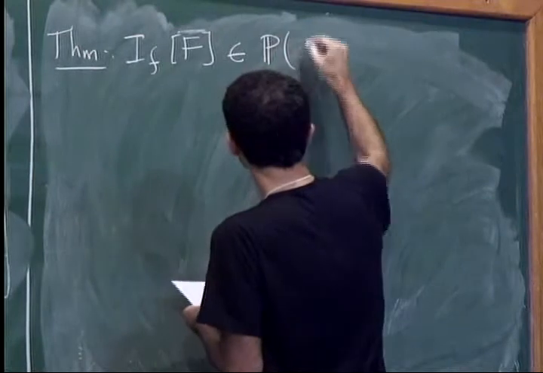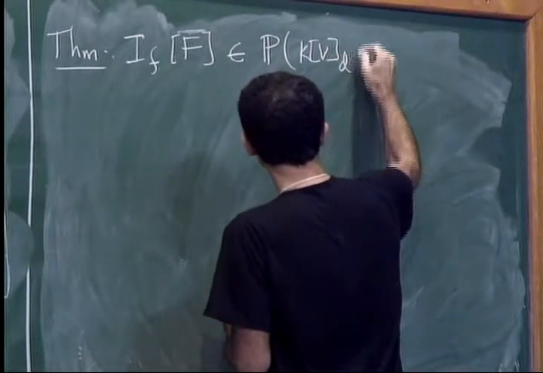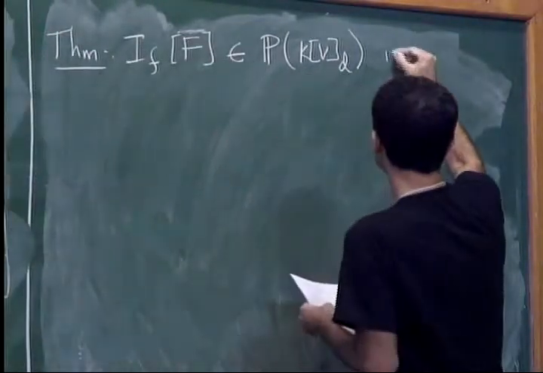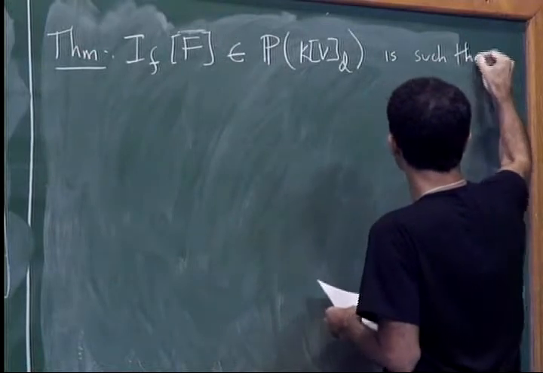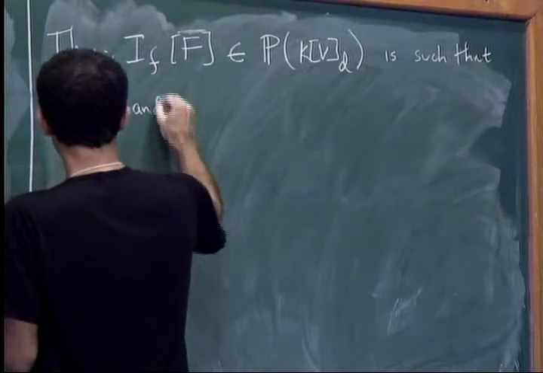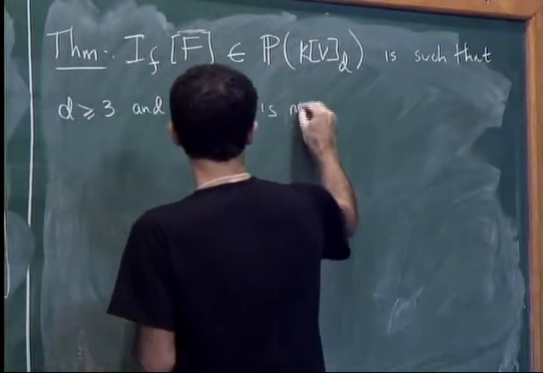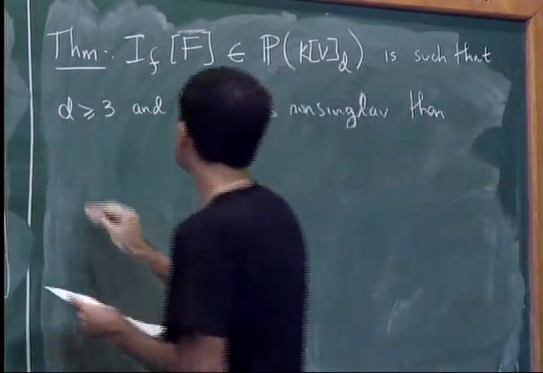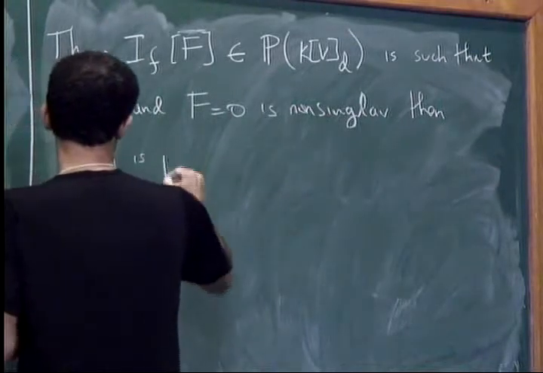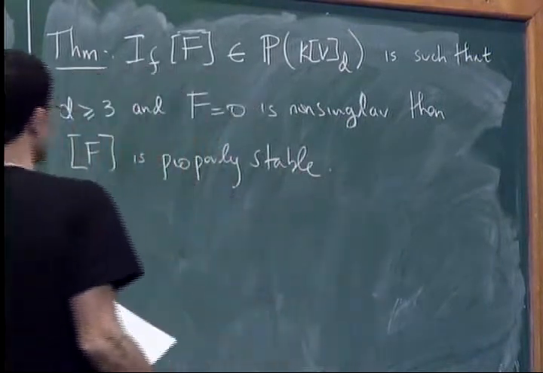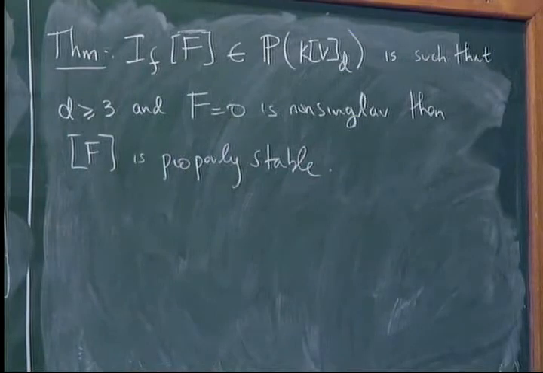Let's look at a hypersurface of degree d on a general projective space. And if the degree is at least 3 and f equals 0 is non-singular, then this point is properly stable. So at least you have all non-singular hypersurfaces in your quotient.